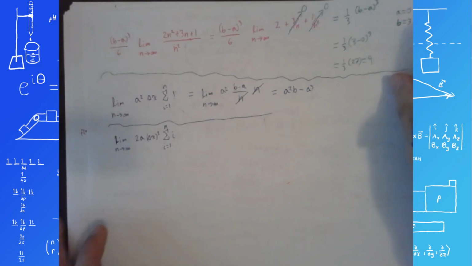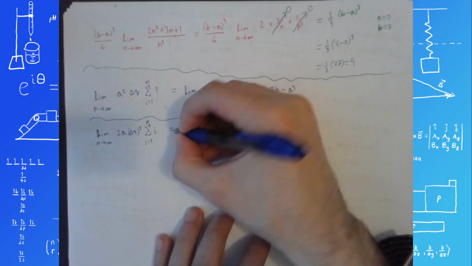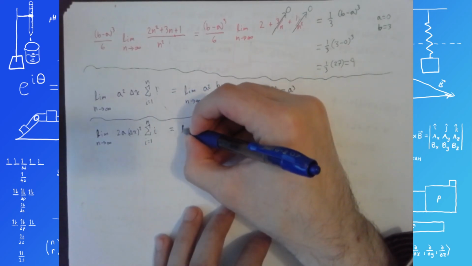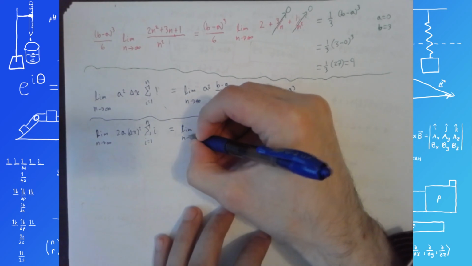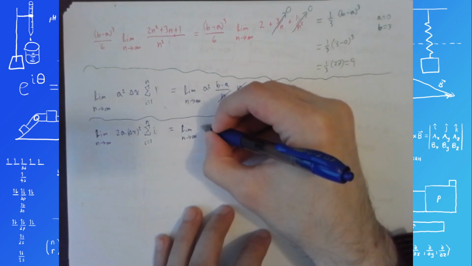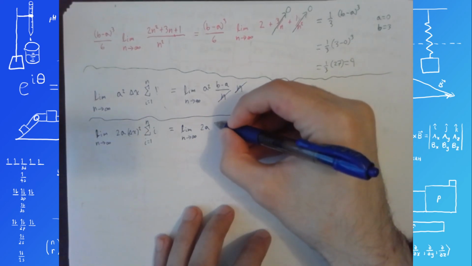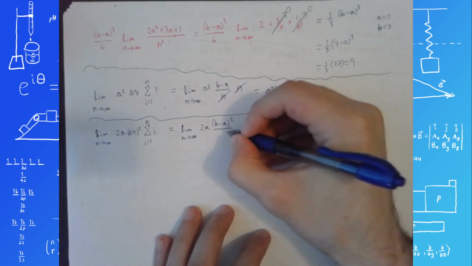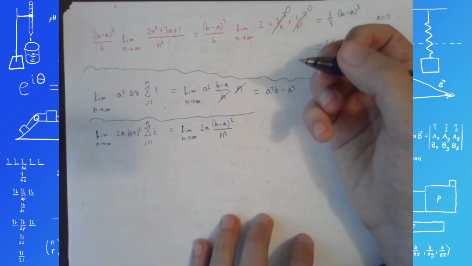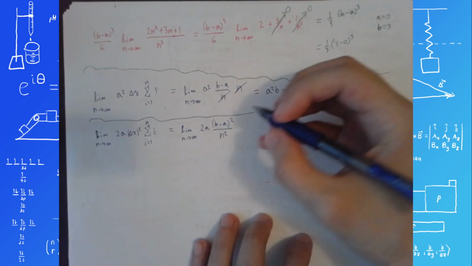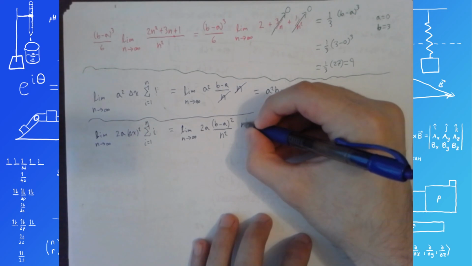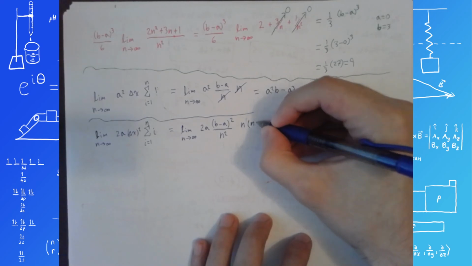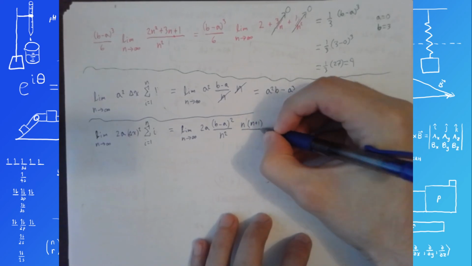So we can go ahead and make that substitution and also substitute the delta x while we're at it. So we get limit as n approaches infinity of 2a, and then delta x squared is going to be b minus a quantity squared over n squared times that sum becomes n times n plus 1 all over 2, right?